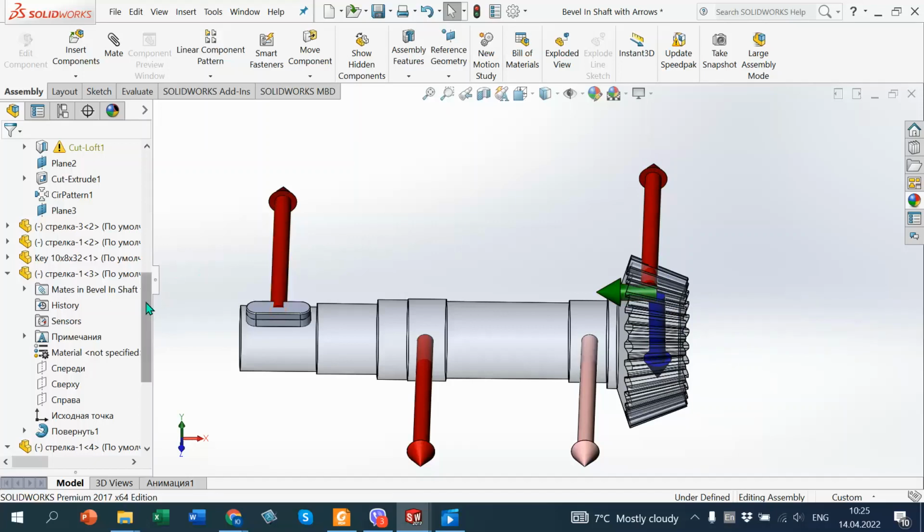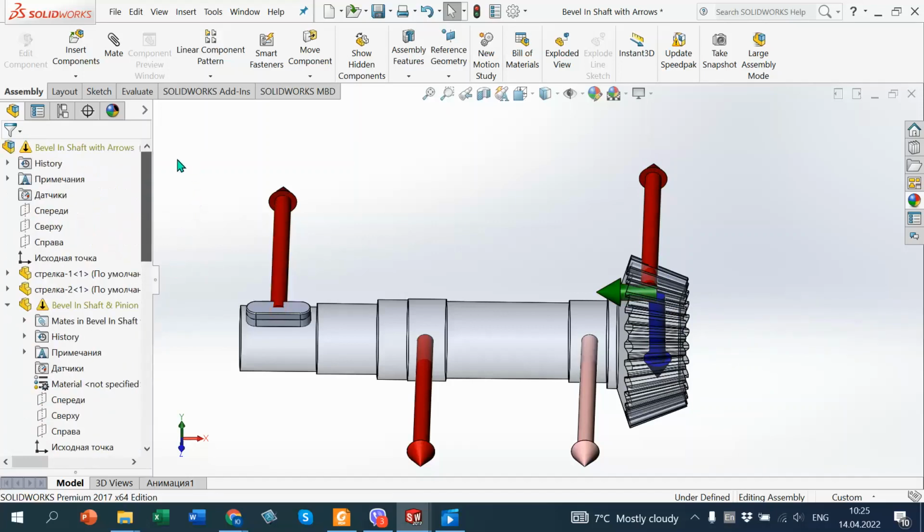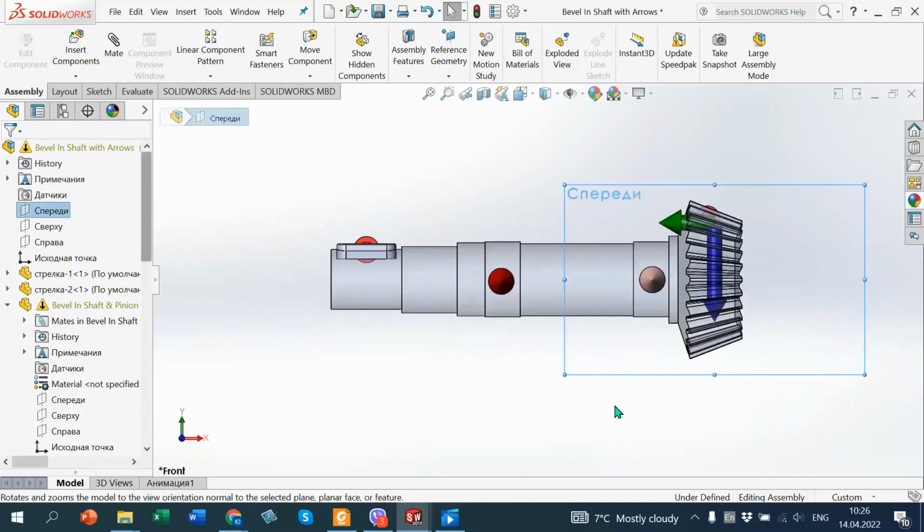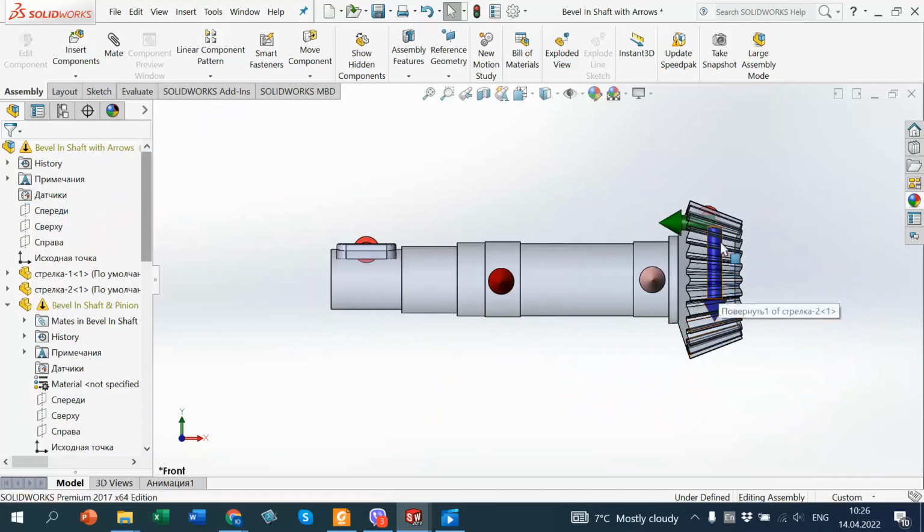So if we consider this force at this plane, we have in this plane radial force and axial force, two forces which act in a vertical plane.